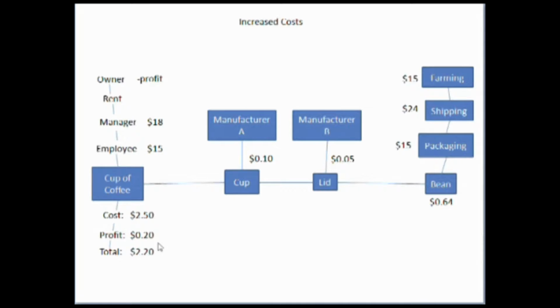If we don't increase our profit, we're actually going to be losing 30 cents on every cup of coffee we sell. So the owner increases his profit 20 cents above the cost, and now the cup of coffee costs $2.70.